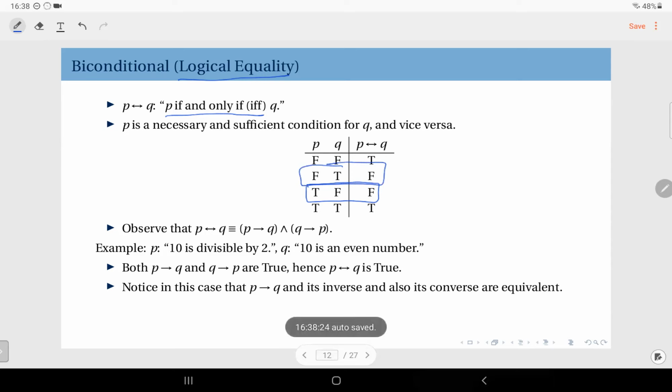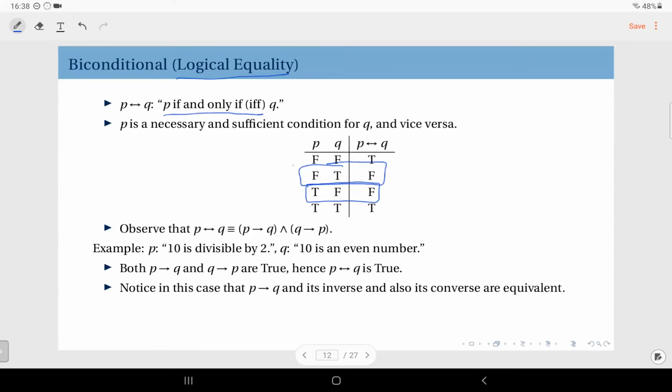Therefore, you see the conditions when the biconditional is true reduce to two, where both P and Q are false, or both of them are true. That is the reason we call biconditional also the logical equality.